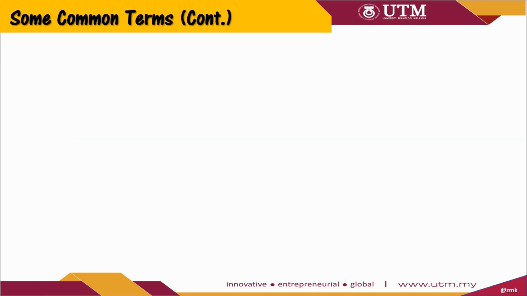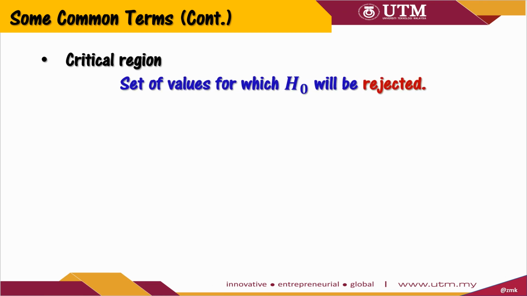Before we look at the definition of a critical value, let's look first at the definition of a critical region. A critical region is a set of values for which the null hypothesis H0 will be rejected. This set of values is from a random variable that assumes the same underlying sampling distribution for the test statistic.